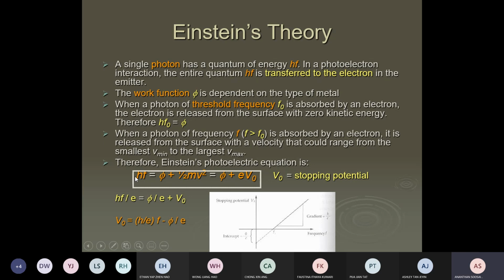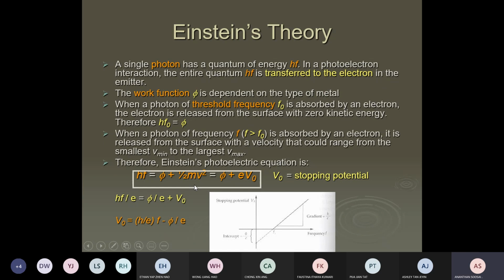So whatever photon energy is absorbed by the electron is used to overcome the work function, to break the bond. Then the balance energy, if there is any, is gained as kinetic energy.